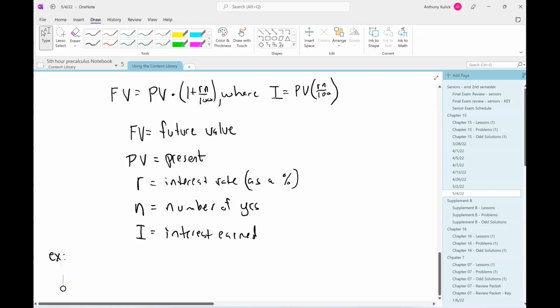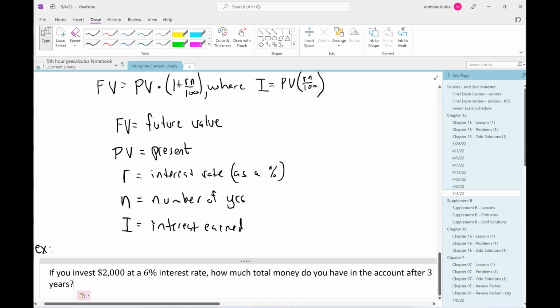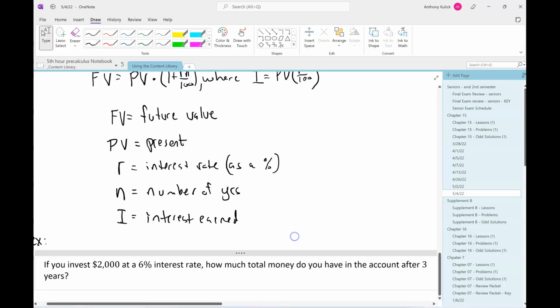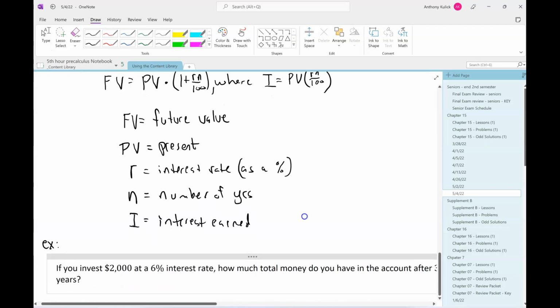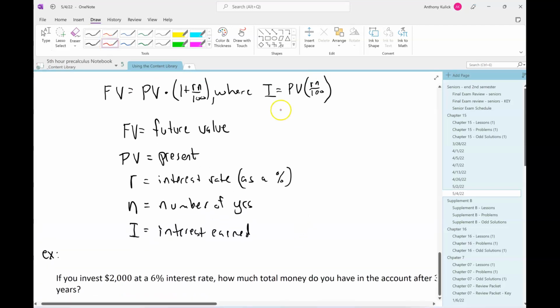So depending on the question, the simple interest question, you might be using the FV equation or you might be using the I equation, right? Also, we should note that I is also going to equal just FV minus PV, right? If you take that future value and you subtract the initial investment, whatever the difference is, would be the interest that you've earned, the money you've earned from interest, right?